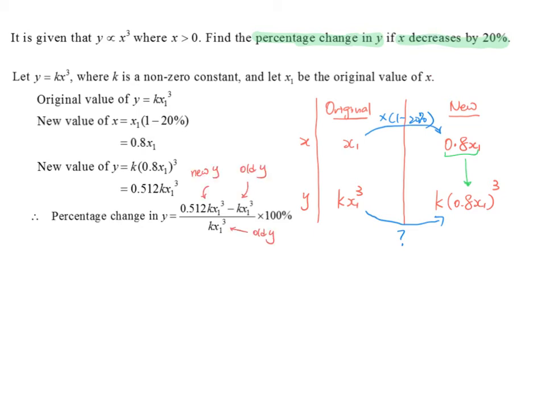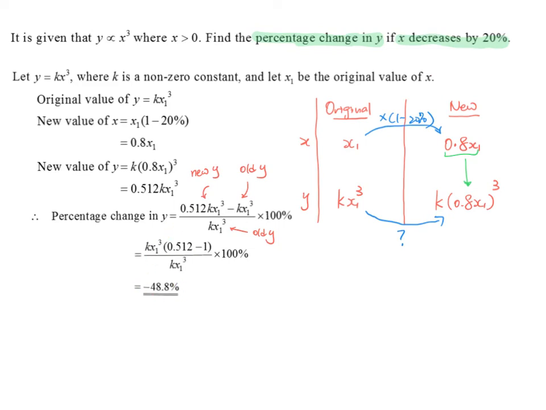In order to do that, there's a lot to factorize out and a lot of canceling. At the end, you will end up with numbers only, because you can take out the k and the x1 cubed, which most of the time would be exactly the same as your denominator, which you can cancel out. And so you will end up with an actual number without all the unknowns here.